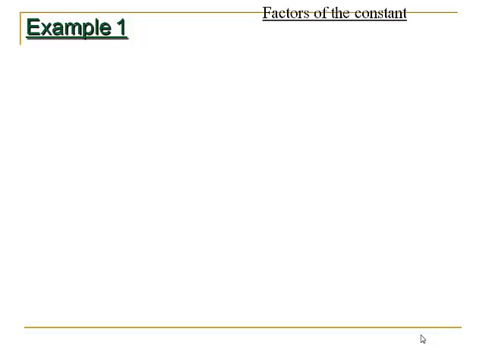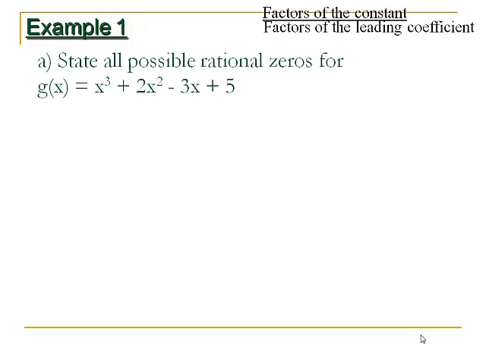So for example, here's if we have to use our h over k rule that I talked about earlier. If you have a polynomial x cubed, and we want to state the possible rational zeros. These are just the possibilities. We don't know if they're the real solutions. We just know these are the only possible ones. The first thing you do is you look at the leading coefficient, and that's 1.